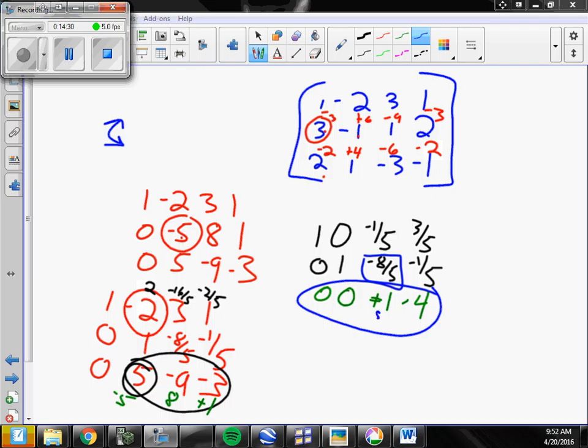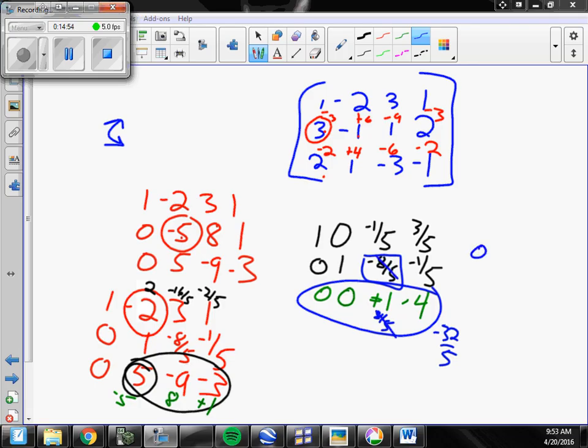So this would be 8/5, and that would be -32/5. Is that right? No. Sorry. Not 32. Yeah. Negative +32/5. So this cancels that.